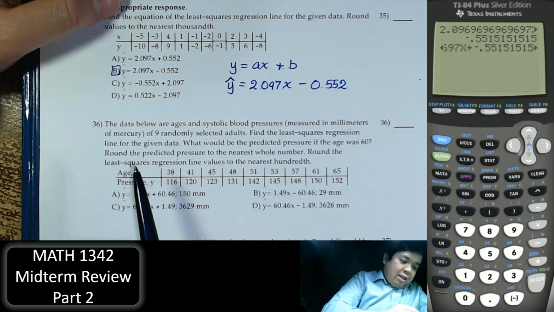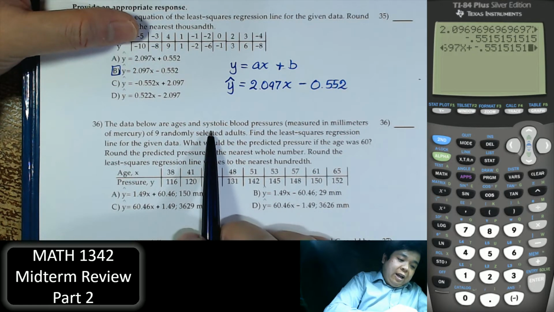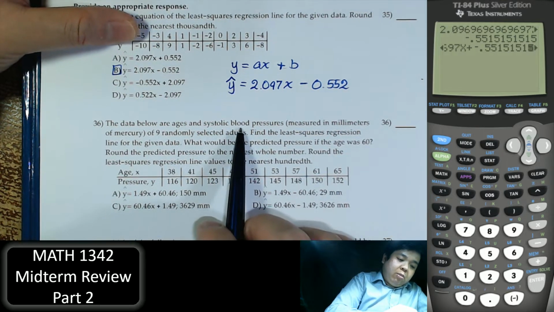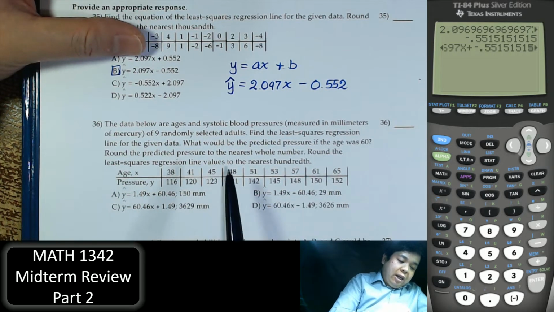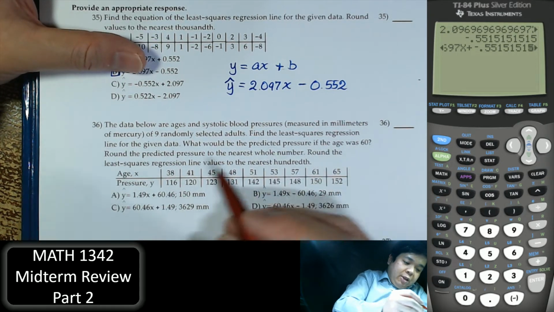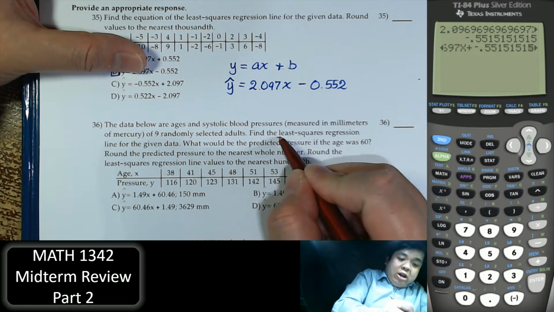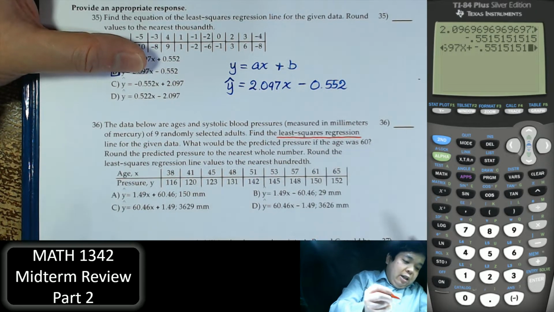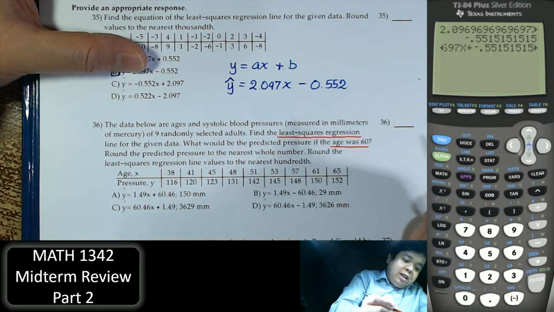Right, next, the data below are ages and systolic blood pressure. Right, so we have that information, and the question here is find the least squared regression, so that's what we've been doing, and predict the pressure if the age is 60.